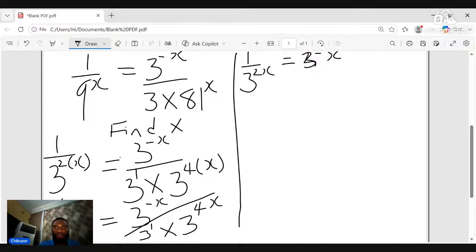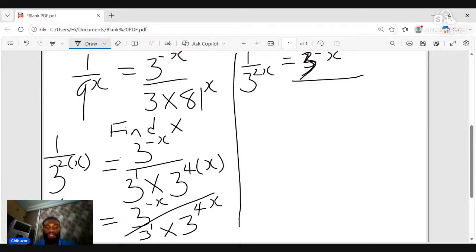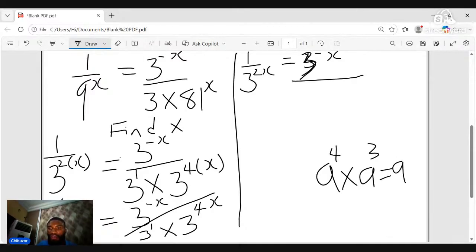In the law of indices, we have the multiplication law stating that a to the power 4 times a to the power 3 is equal to a to the power 4 plus 3.